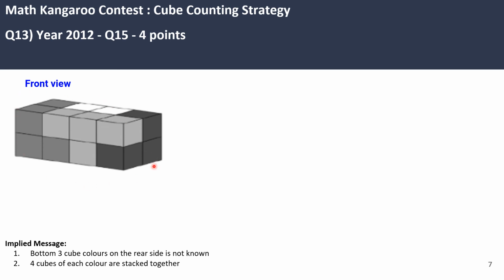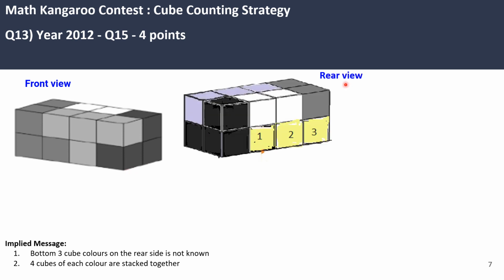Now this is the front view, and to understand how the rear view would look like, we need to twist this image. Now this is the rear view image, and this is the projected image in my mind. So we have these 3 cubes where the color is not known. One of the important points which we understand by looking at the front view is all the cubes of the same color are stacked together.